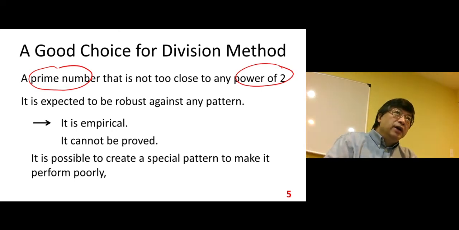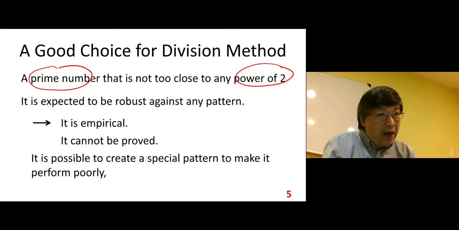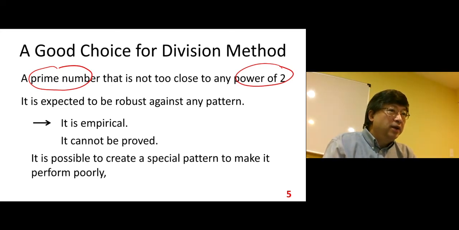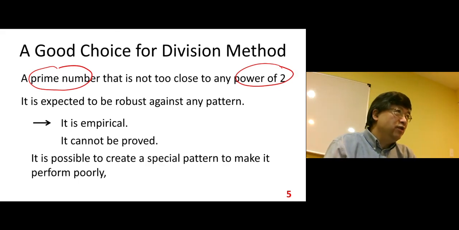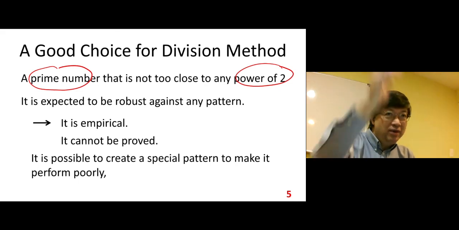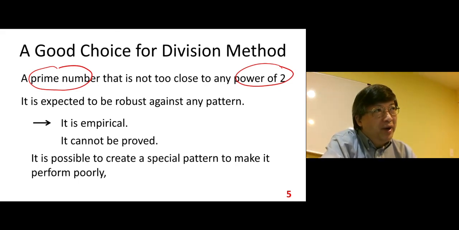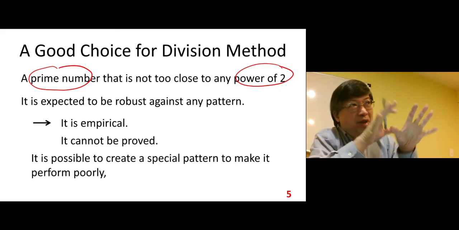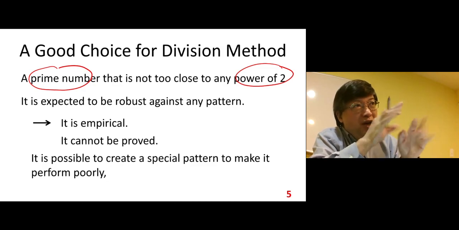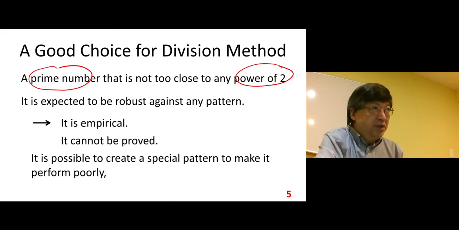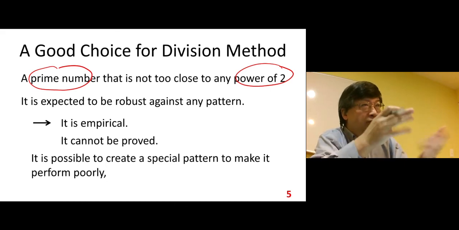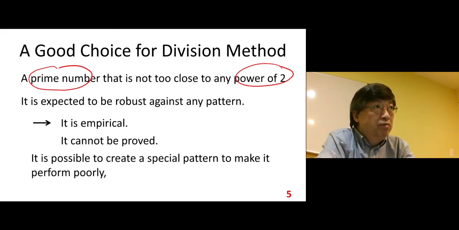Even so, it is possible to create a special pattern to make it perform poorly. No matter what number you choose for m, some carefully, specially designed pattern in your data could make it perform really poorly. That's possible.